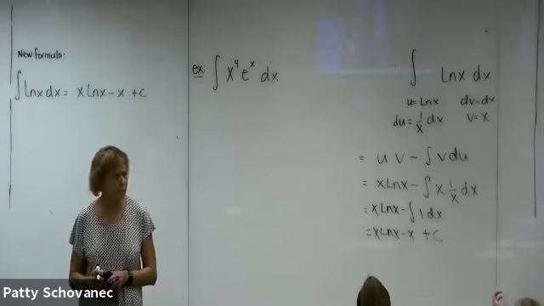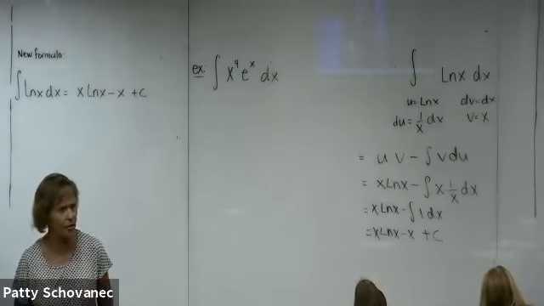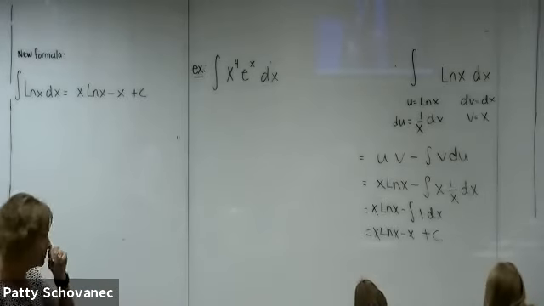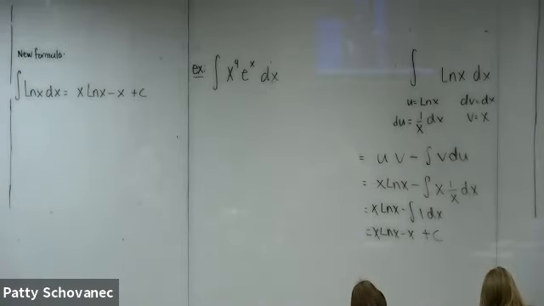Polynomial terms multiplied with e to the x are great candidates for integration by parts. This one's easier than the one we did a minute ago, because I just have e to the x, not e to the x squared. But do you agree that the e to the x is the biggest part you can integrate?